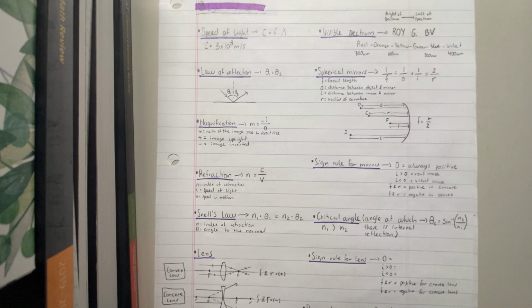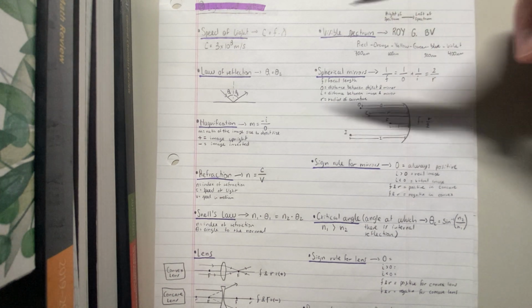One trick I use is that in front of the visible spectrum on the red side is the infrared, and past the violet is the UV, and the wavelength increases going towards the right. So red is first, orange second, then yellow, green, blue, and violet. Red is approximately 700 nanometers wavelength, and violet is 400 nanometers wavelength.